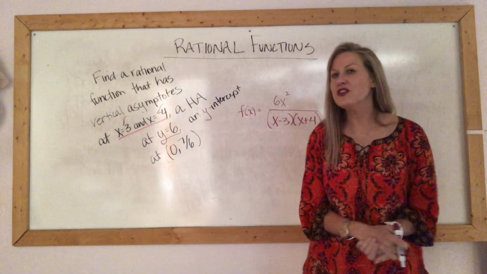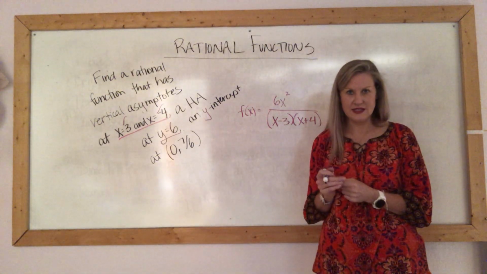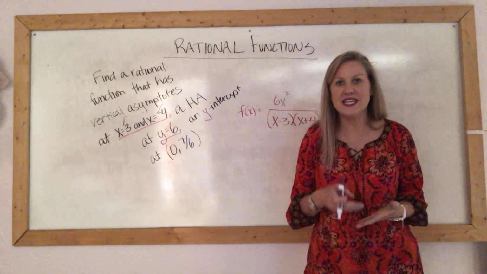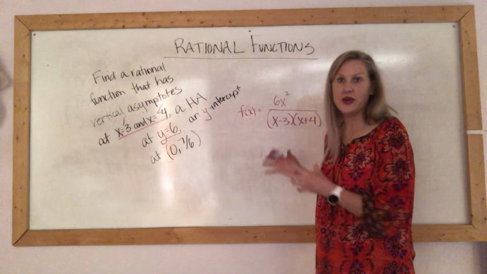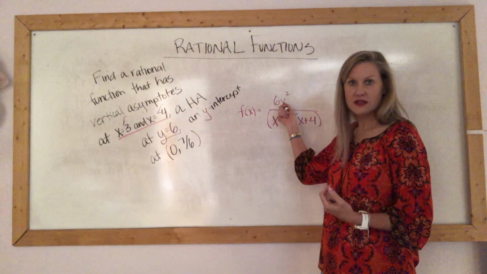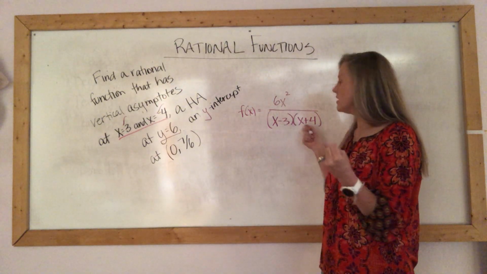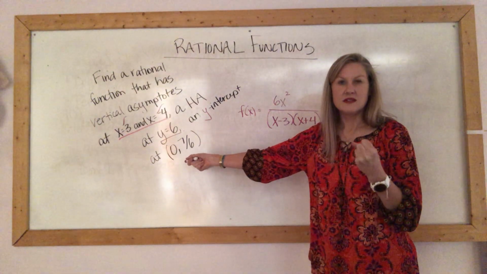So I have to figure out, if I plug a 0 in for my x's and I want to get out 7/6, what do I need to do? How do I need to manipulate this? Because right now, if I plug a 0 in for x, I would get a 0 over -12. And that's not 7/6.